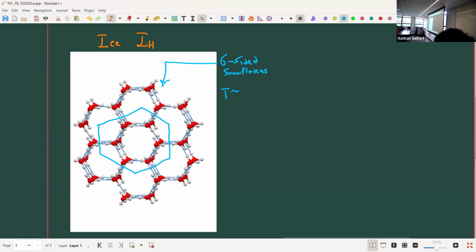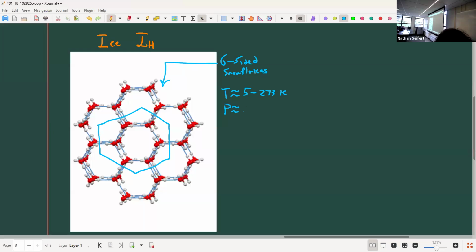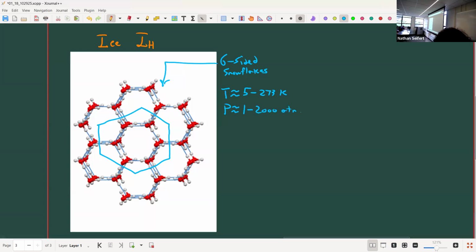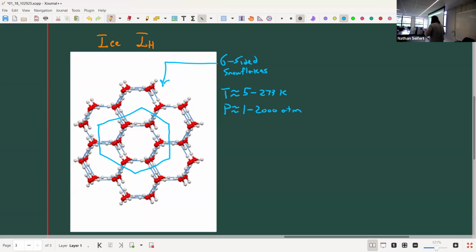As long as T is between 5 and 273 Kelvin, the pressures are anywhere between 1 and 2,000 atmospheres. That's actually a pretty big range. It's very stable. Water loves being in this arrangement. That's why it's so common.